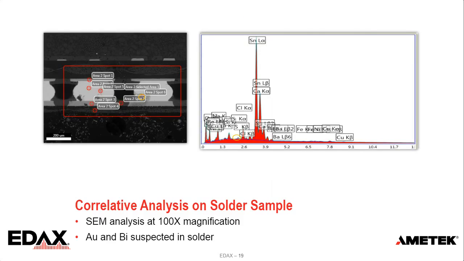We analyzed the spots circled in orange using EDS. In the EDS spectrum, we have gold and bismuth suspected in the low energy range, which is circled in orange.